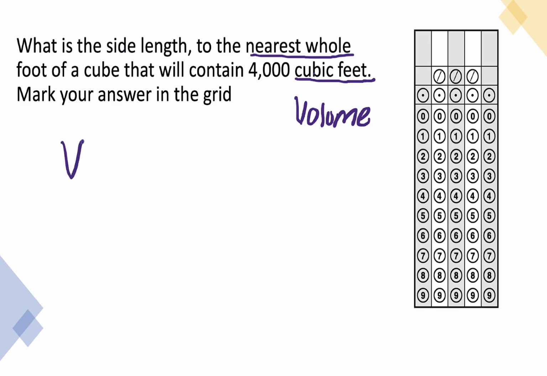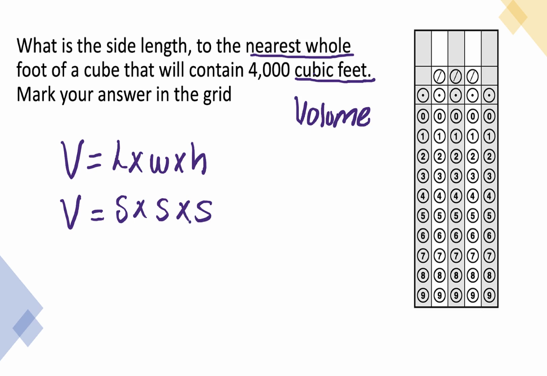We know that a cube is like a rectangular container where it's the length times the width times the height. But because it's a cube, all the sides are the same. Basically, the length is the same, the width is the same, and the height is the same. So another way we write that is s to the third.